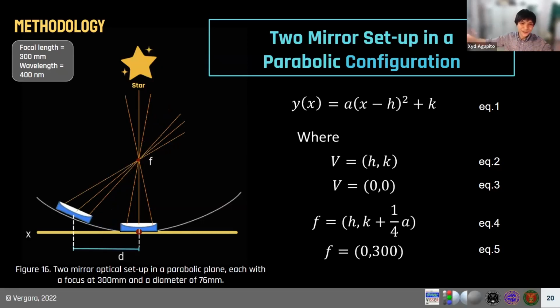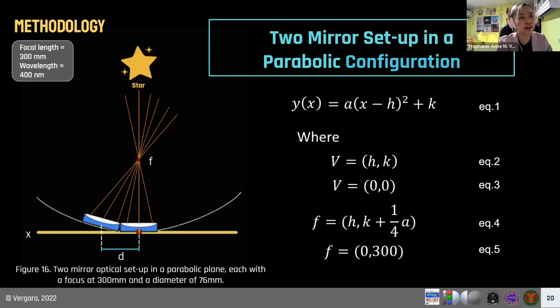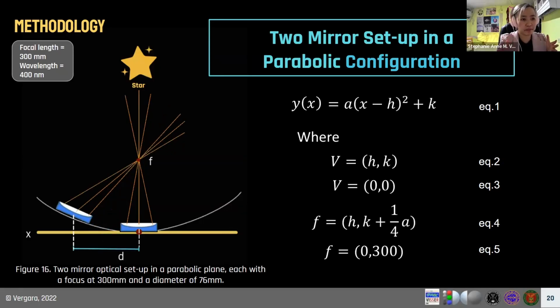Kasi paano kung sobrang laki na ng mirror mo? It's like 1 meter in diameter. If you have that configuration, you have a 1 meter mirror, will that still produce a good image? You have 2 mirrors, the diameter of the segments is 1 meter. What if they're bigger?